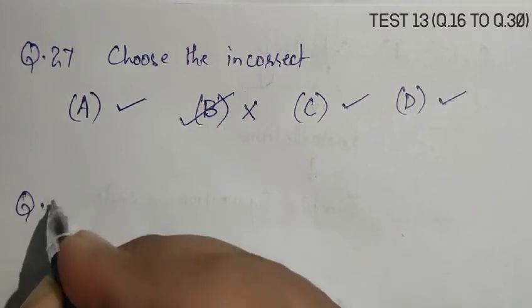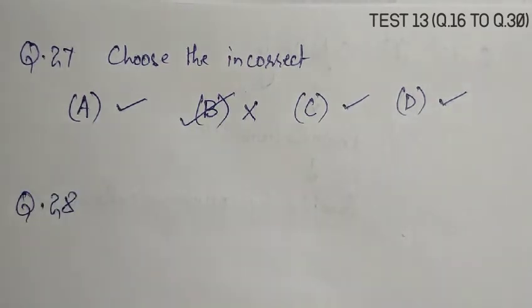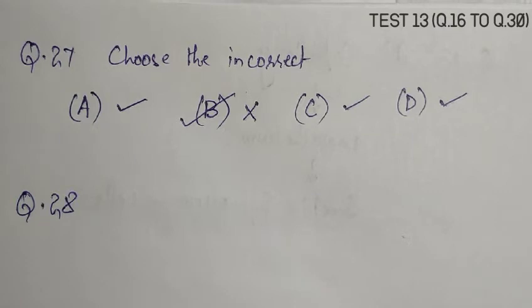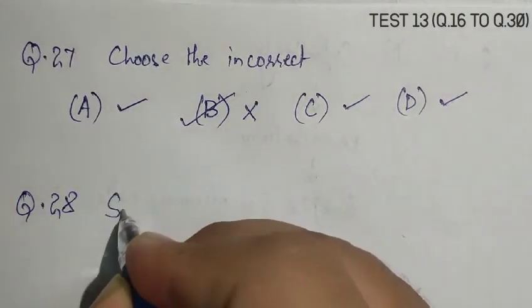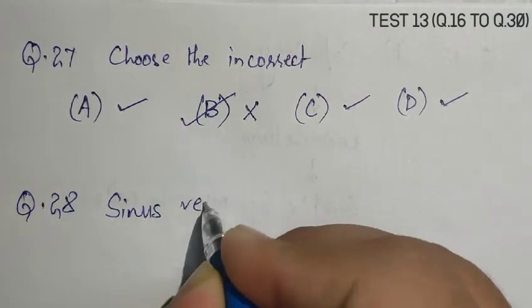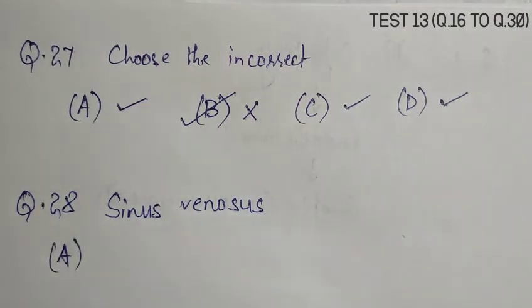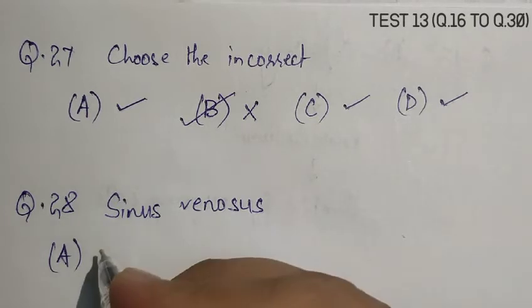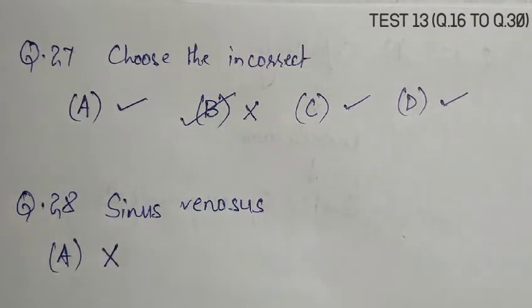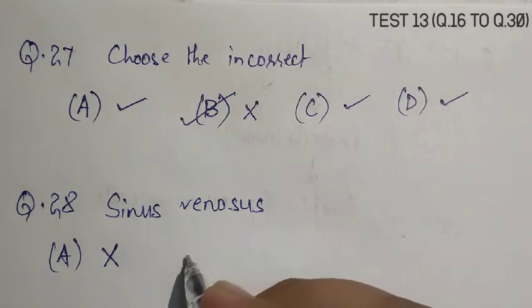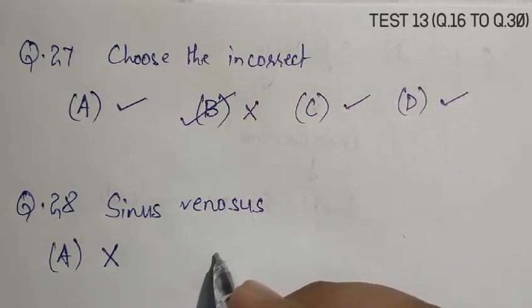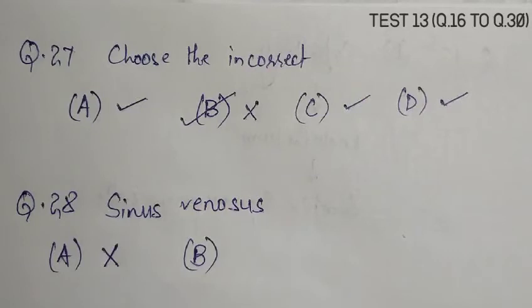Question number 28. What is correct about sinus venosus? Option A: it is situated on the dorsal surface of the rabbit heart. Rabbit is a mammal and sinus venosus is not present in mammals. A is false. Statement B: it is situated ventrally in the frog heart.